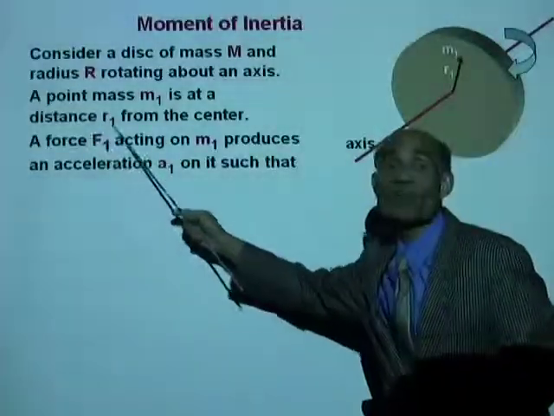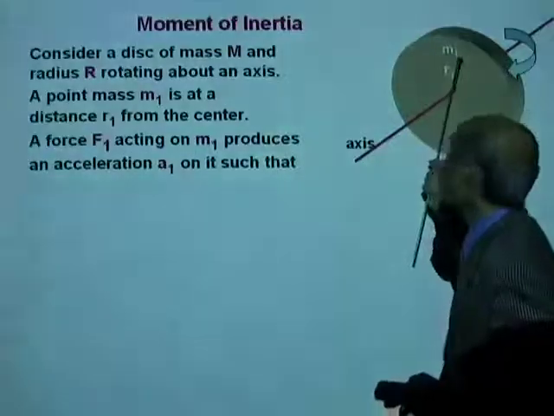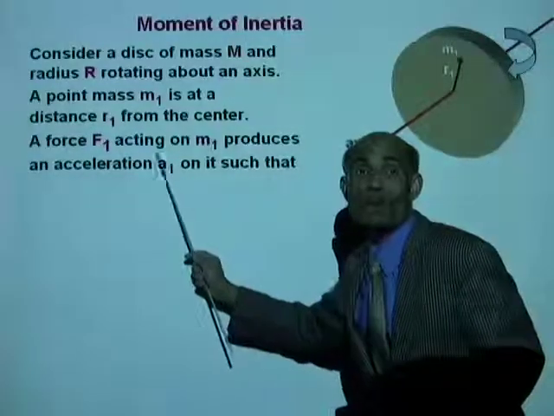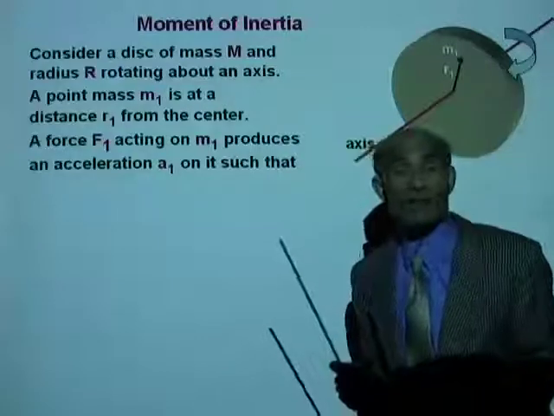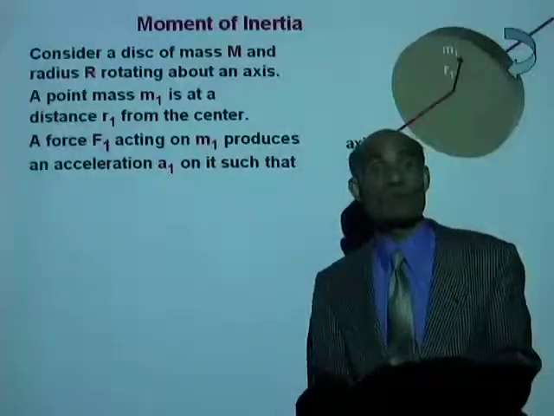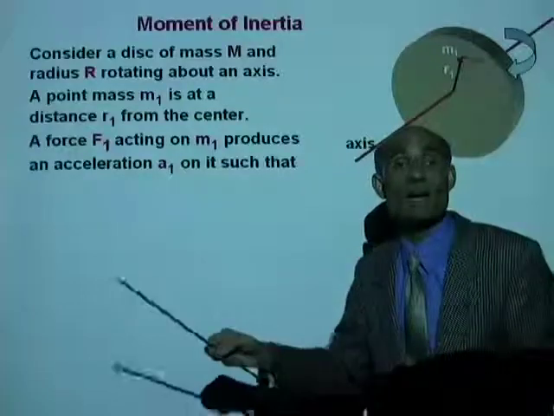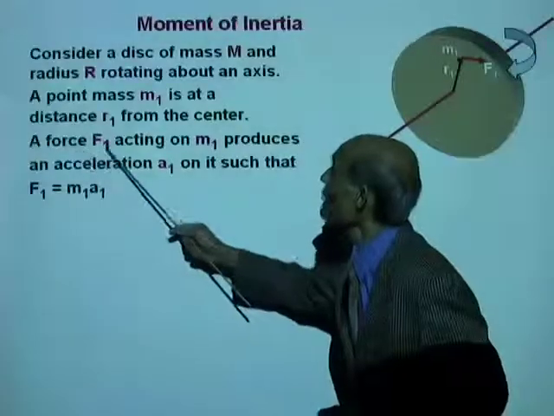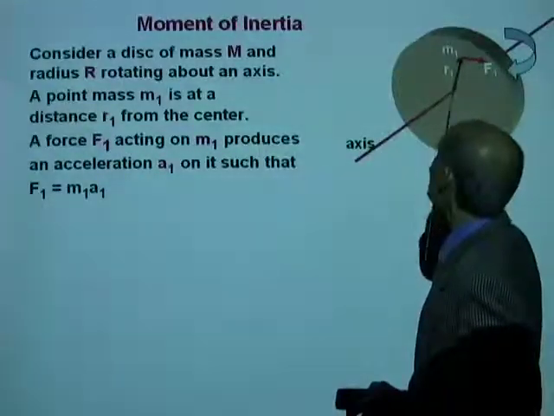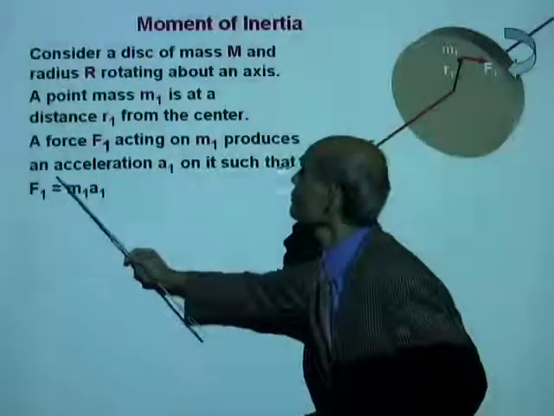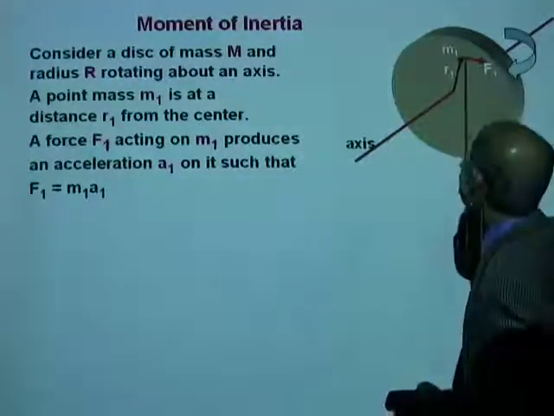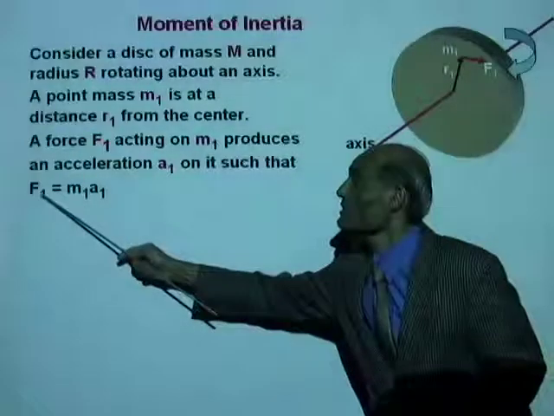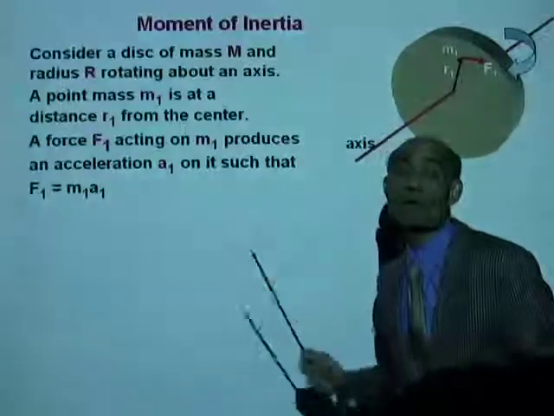If a force F1 is acting on that mass m1, that force F1 will produce on it an acceleration a1 according to Newton's second law of motion, F net equal to ma. Is that right? So a force F1 acting on this mass m1 produces an acceleration a1, given by F1 equal to m1 a1.